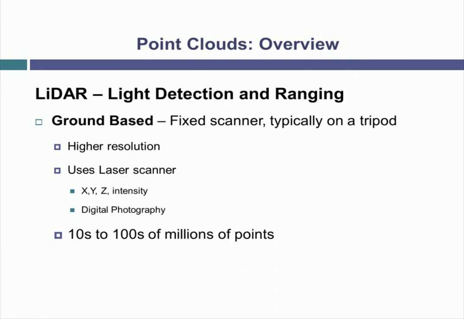These datasets typically consist of tens to hundreds of millions of points. It just depends on the size of the site. Surveyors will set up registration targets that can be used to stitch together multiple setups on a job site.